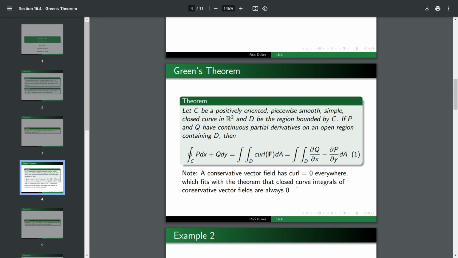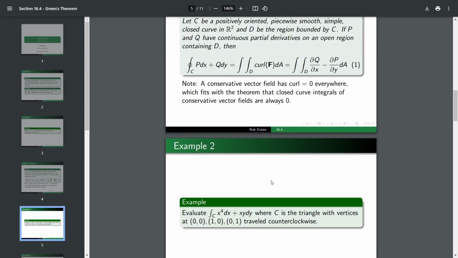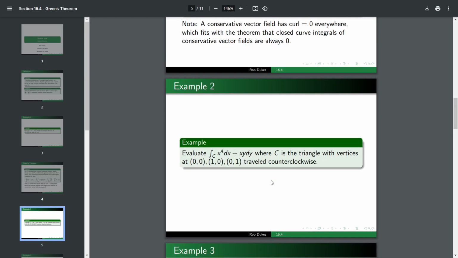But we had a theorem that closed line integrals or curve integrals of conservative vector fields are always 0 anyway, so it all matches. It all fits together. So what we're saying in a weird way is that if we add up all the little curls inside a region, we get a big curl around the outside.